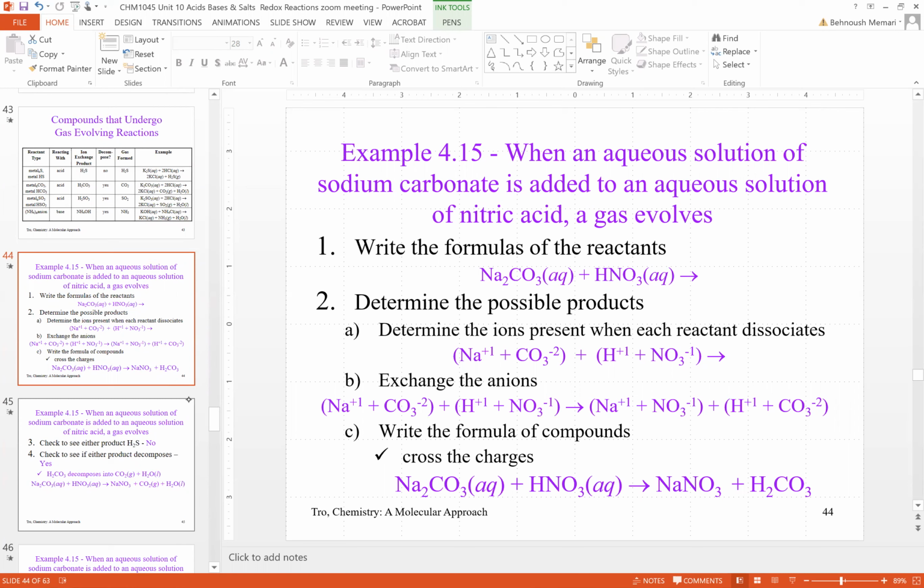We can use the balanced equation to find the number of moles of gas being produced.